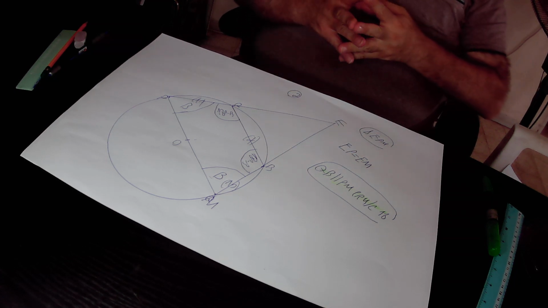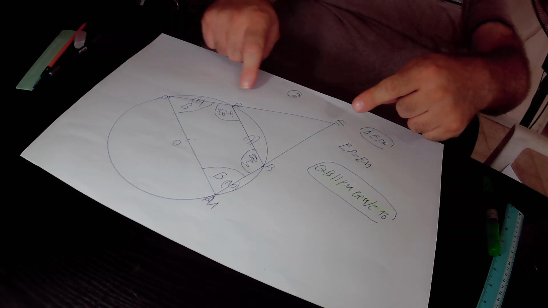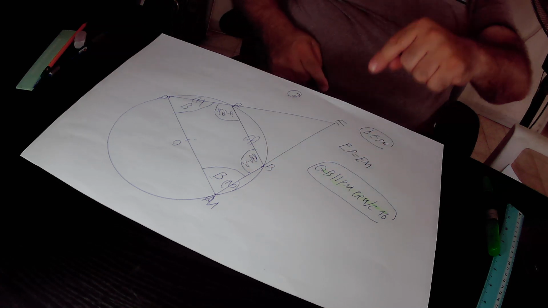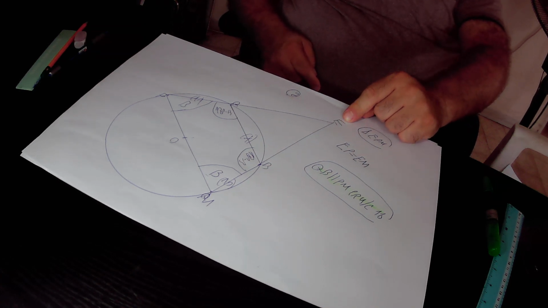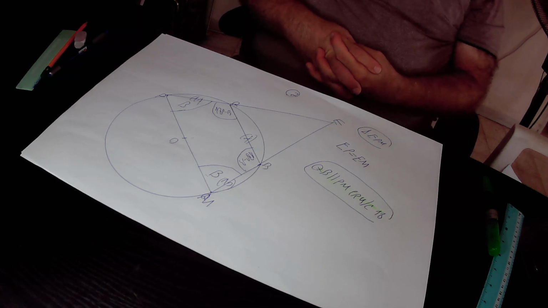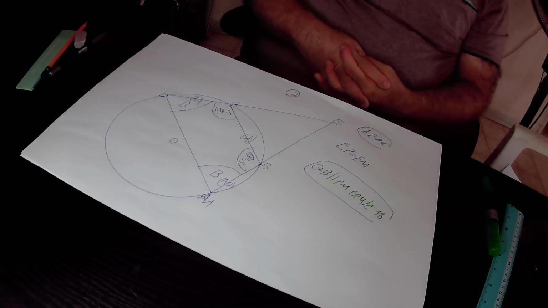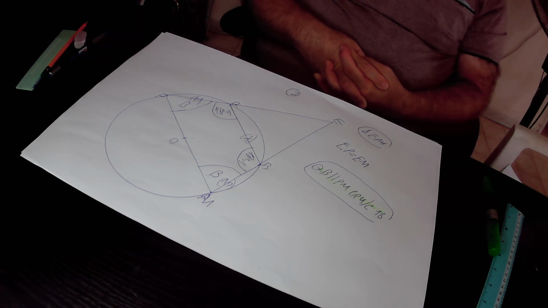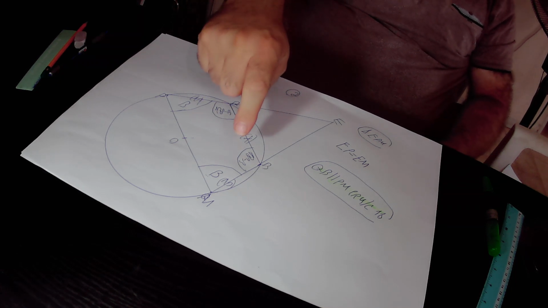In the next step, we extended PB and MB by straight lines until they intersect with each other at this point E. And we have the rule that if you extend two line segments that are equal to each other in their lengths, then the new line segments that are created must also be equal to each other in their lengths. So we extended PQ and MB, which are equal.